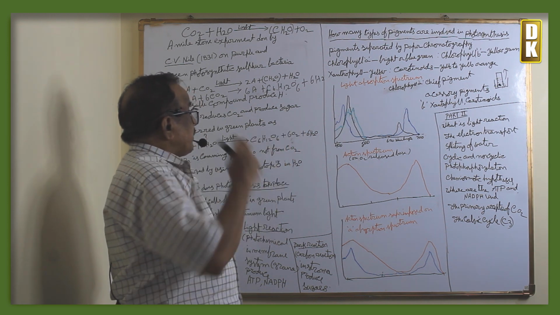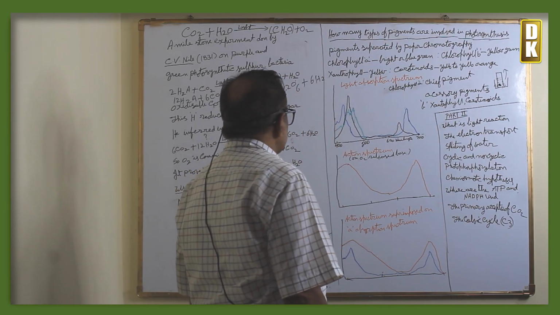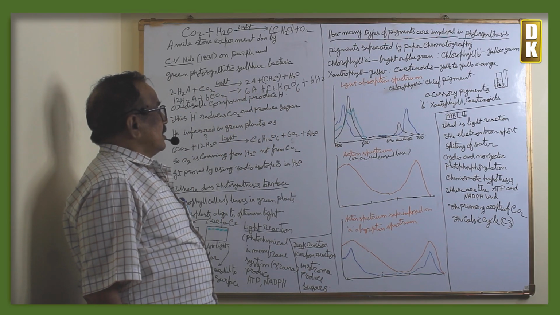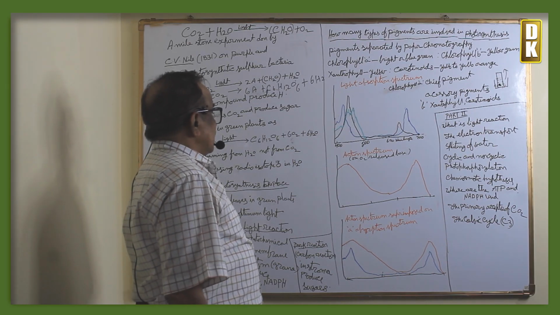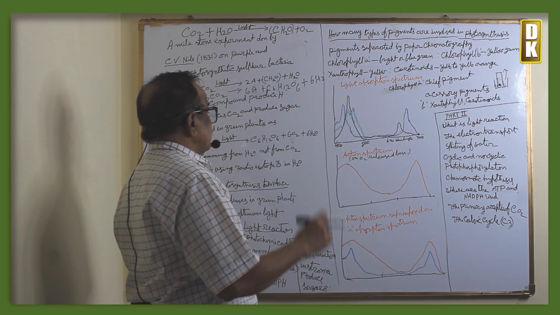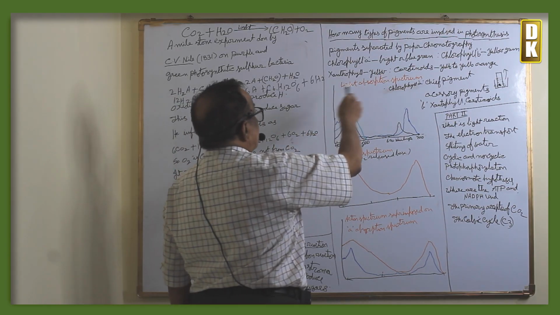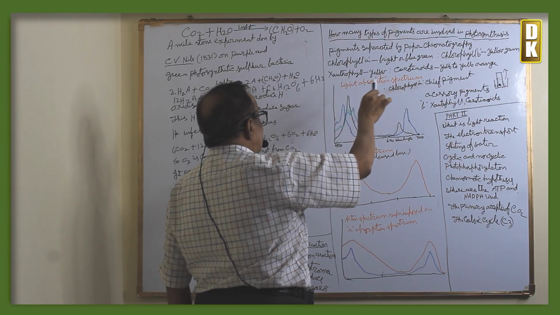Now, the pigments involved in photosynthesis absorb different wavelengths of light.